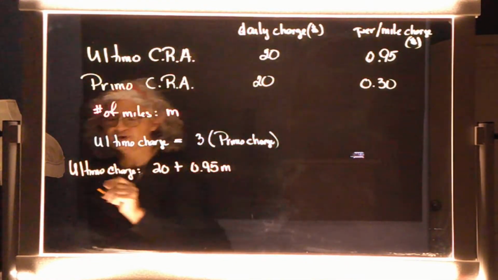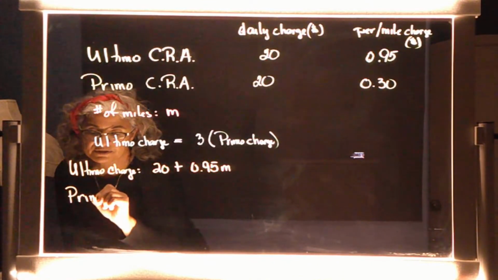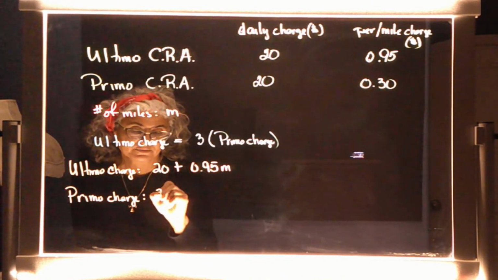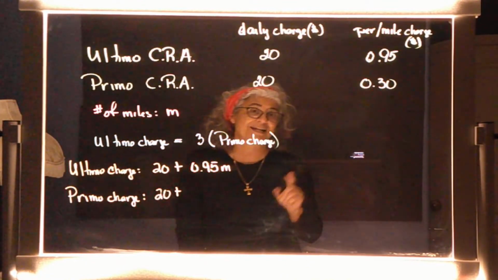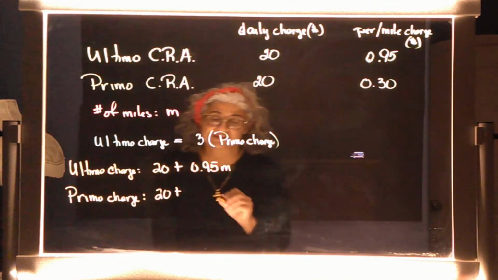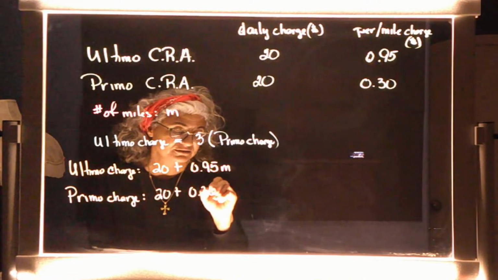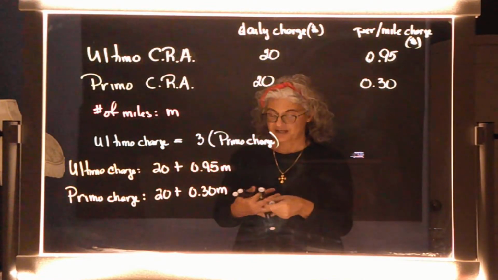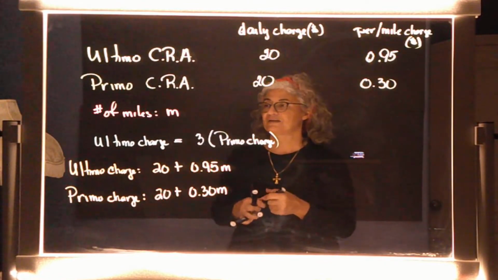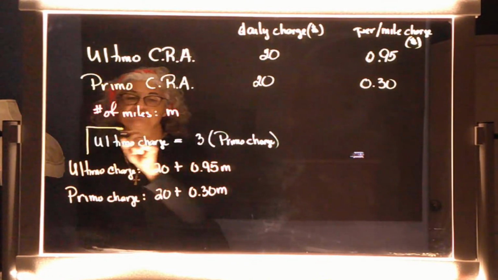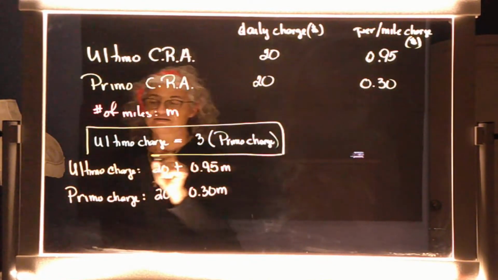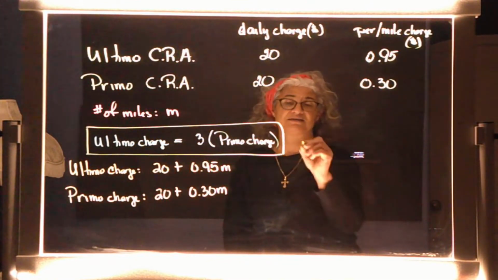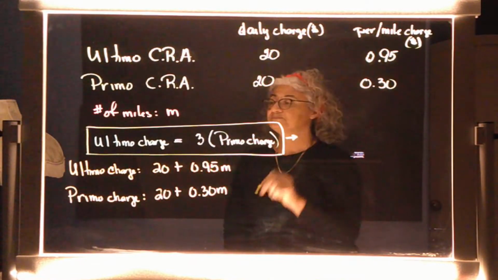Okay. How do I figure out Primo's charge? Yep, they're going to charge me 20 bucks off the bat and then 30 cents a mile. So 30 times the number of miles, right? Okay. This equation that we half wrote in English and half wrote in math is coming alive.